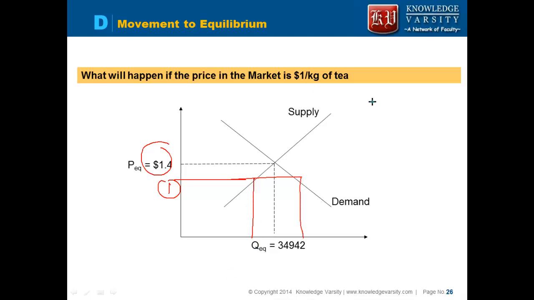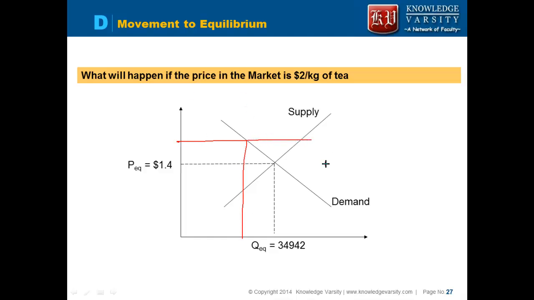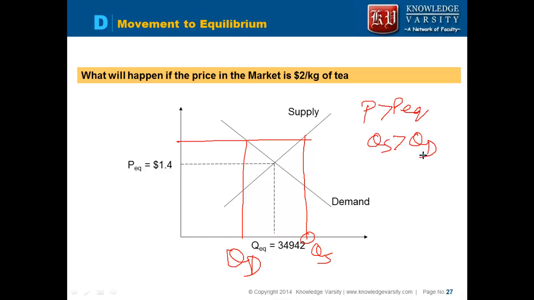Whereas if the price is $2 per kg, the supply is more than the quantity demanded. So if the price is more than the equilibrium, quantity supplied is greater than quantity demanded.